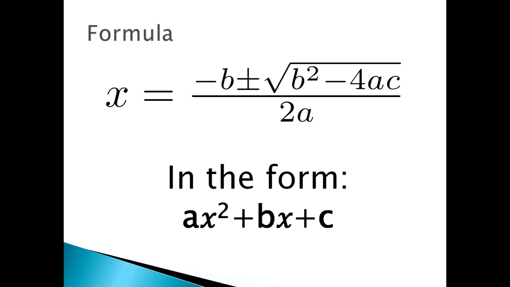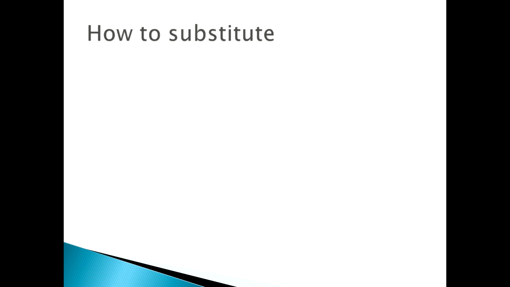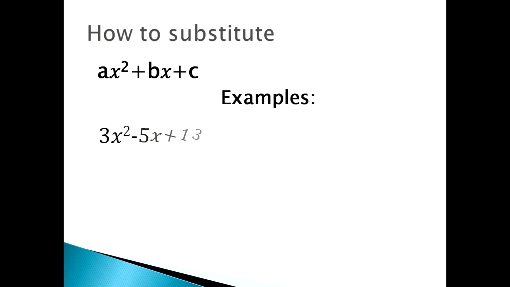Quadratics always come in the form ax squared plus bx plus c. How to substitute values into the formula? Remember that the general form of a quadratic is ax squared plus bx plus c. Example: 3x squared minus 5x plus 13.